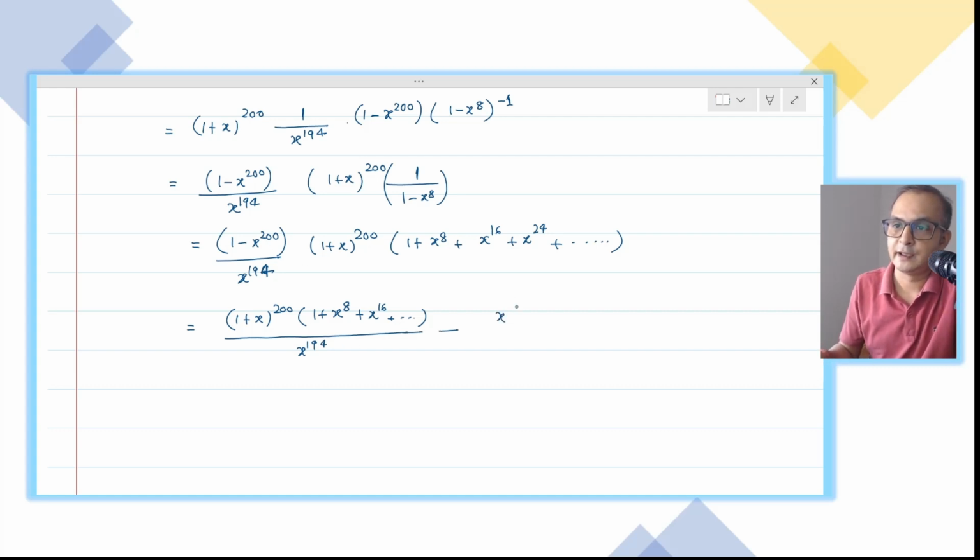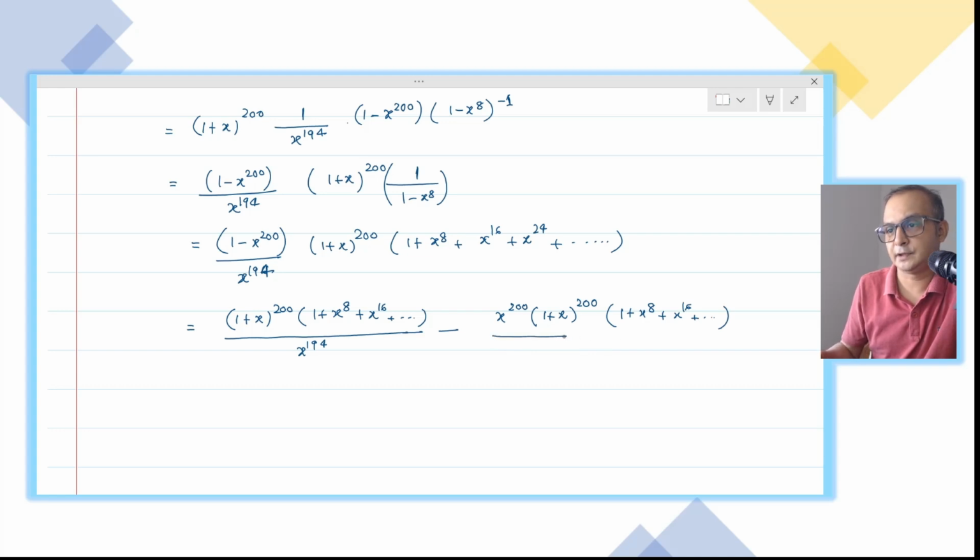What is that? X to the power 200 into 1 plus x, the whole power 200, and then 1 plus x to the power 8, x to the power 16 plus dot dot dot, divided by x to the power 194.